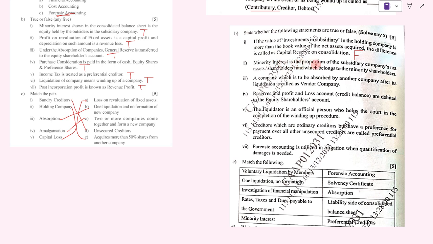Minority interest is the proportion of the subsidiary company's net assets, shareholders' fund, which belongs to the minority shareholders. True. A company which is to be absorbed by another company after its liquidation is called vendor company. True. Reserves and profit and loss account credit balance are debited to equity shareholders account. False.